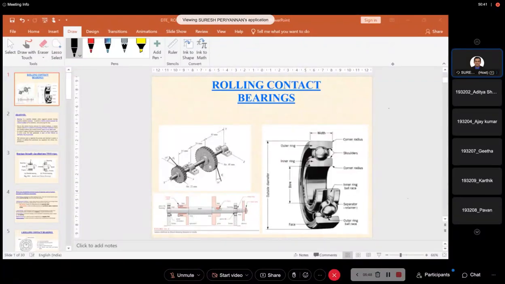We especially discussed the film in the sliding contact bearing, with the journal or shaft inside. We discussed the shaft with respect to radial load and thrust load in the first chapter.